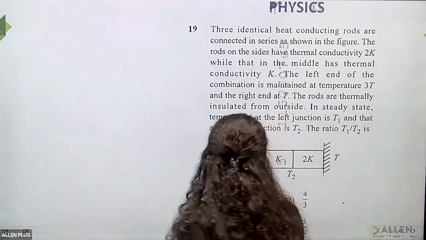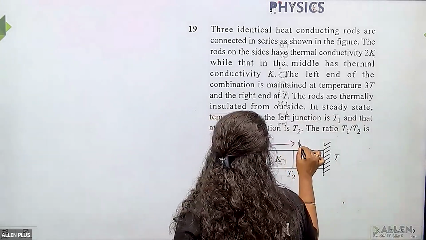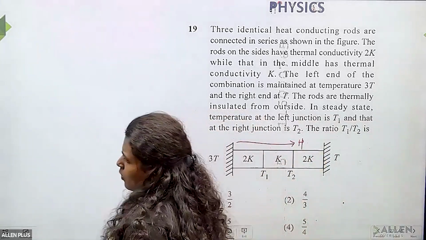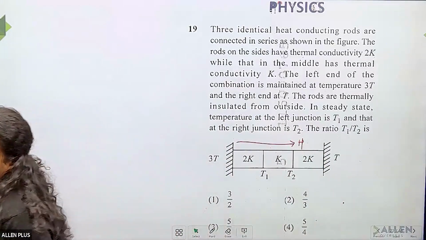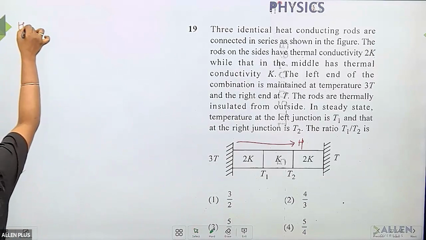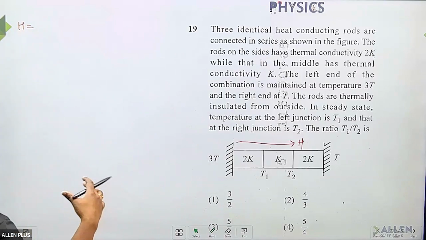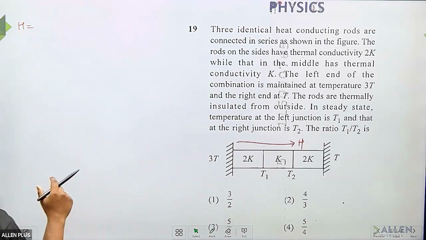All these three conductors are connected in series. So in series combination, the flow of heat current is going to remain same. When I'm saying the flow of heat current is same, I can say H is equal to K thermal conductivity into area of cross section divided by length into temperature difference, right?